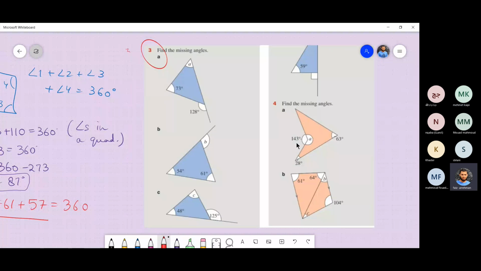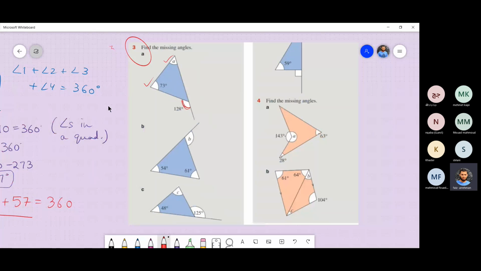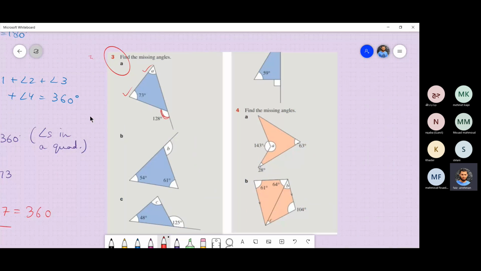Okay. So who can tell me, can we use the exterior property here or not? Yes, we can. Because see, 128 is exterior. And what are the interior opposite angles? This and this. Correct? Because they are far away.